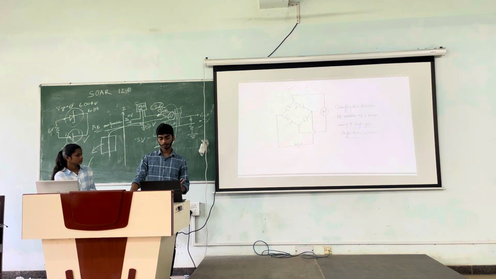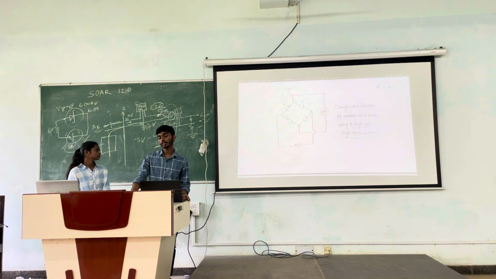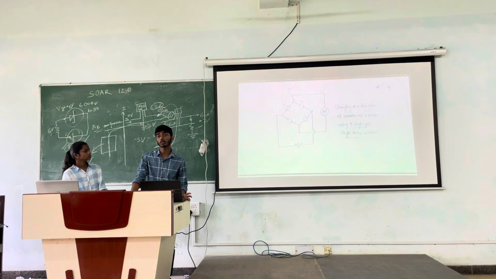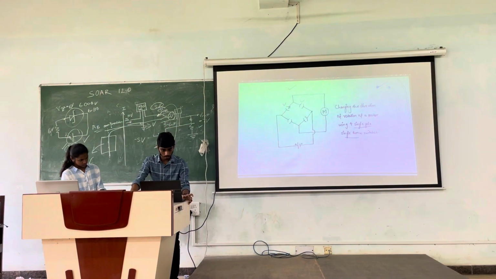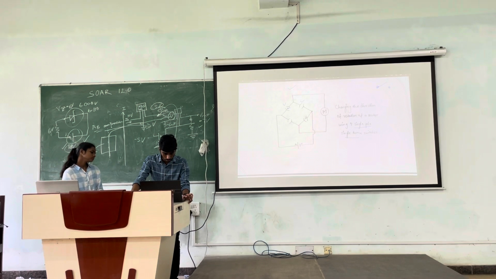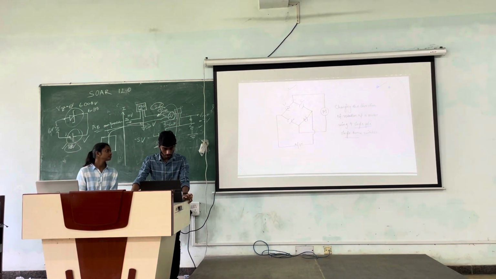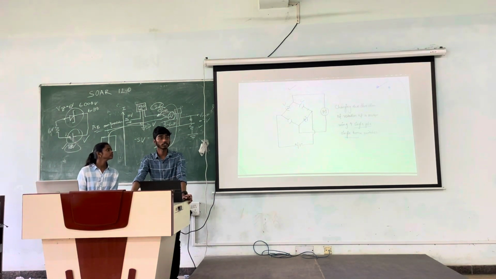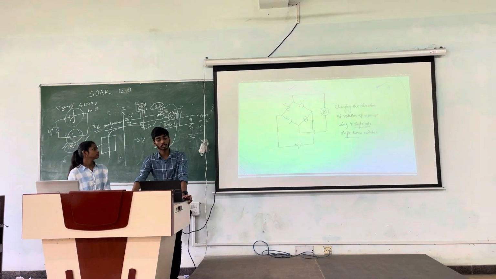In this configuration we have 4 SPST switches. SPST switches are just these switches, single pole and single throw, with one contact point. If we turn on this switch and this switch, leaving these two switches turned off, this circuit becomes complete.